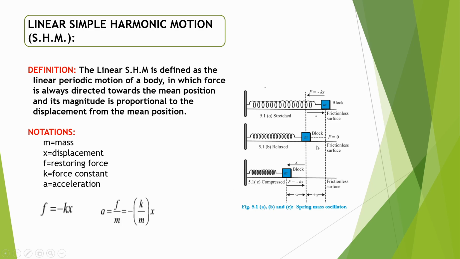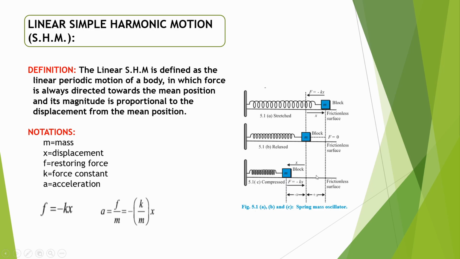As it continues moving towards the left, its velocity decreases again, and when its velocity is again zero, it comes to rest at that position. At this position the velocity is minimum, but the displacement is again maximum, because that is the maximum displacement from the mean position.